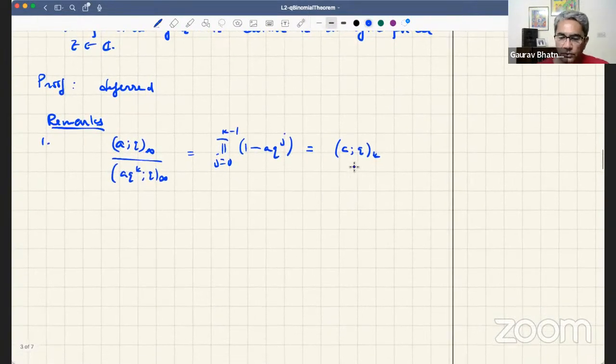So the q rising factorial with finite k, you can look at it as a ratio of two products.